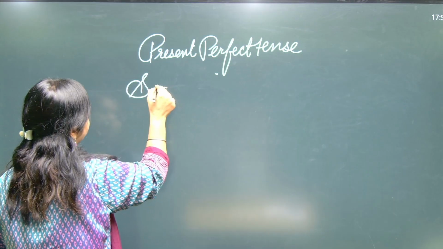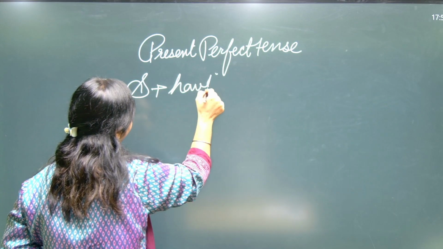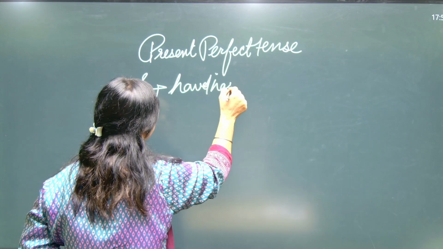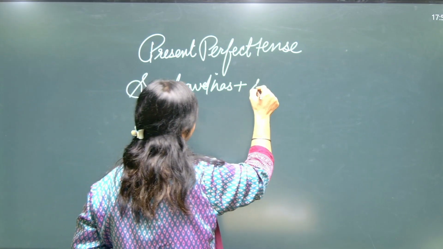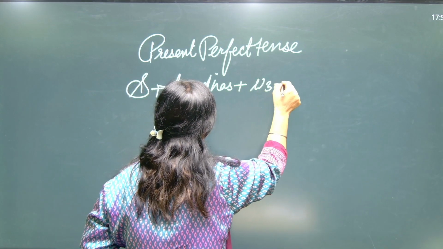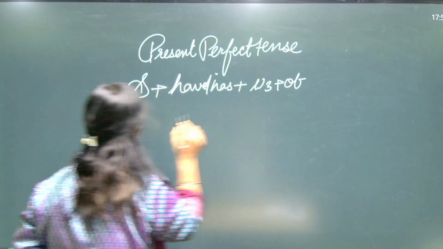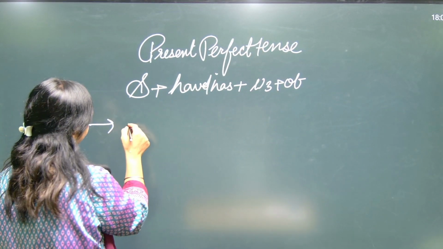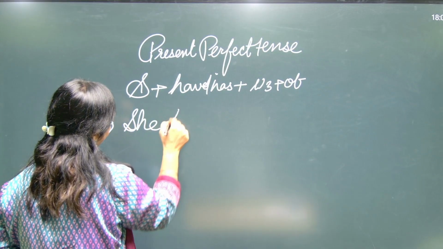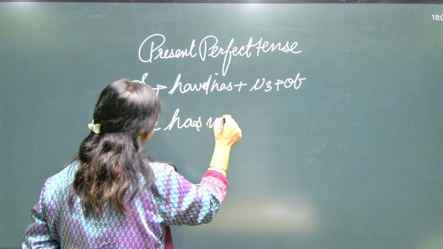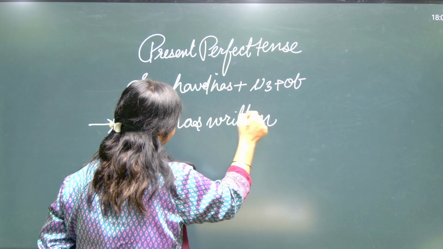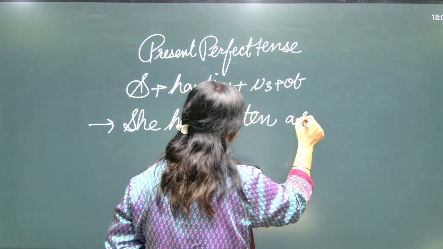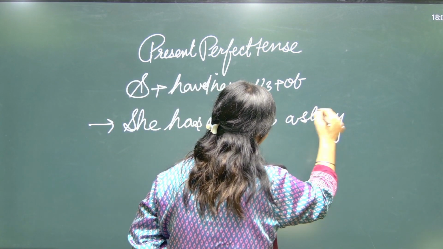The format is subject plus have, has plus verb's third form plus object. Now to change, I will give the example first. She has written a story. She has written a story.